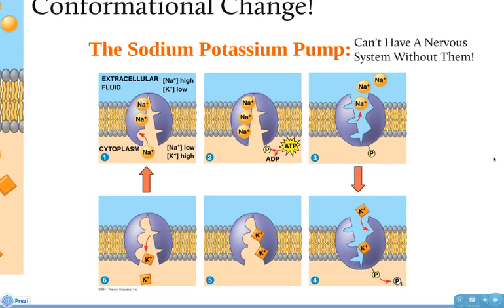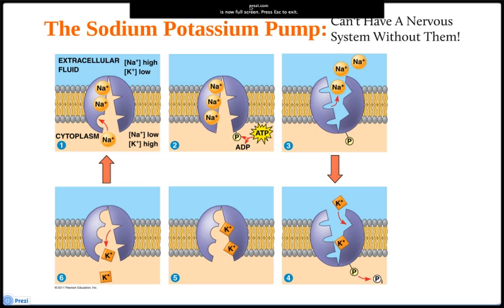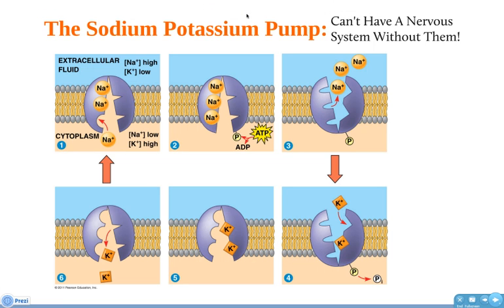So we can see here we've got the sodium-potassium pump, which is a specific case of active transport. This transport system pumps ions against steep concentration gradients. The sodium ion concentration, as you can see, which is Na+, is high outside of the cell and low inside of the cell.